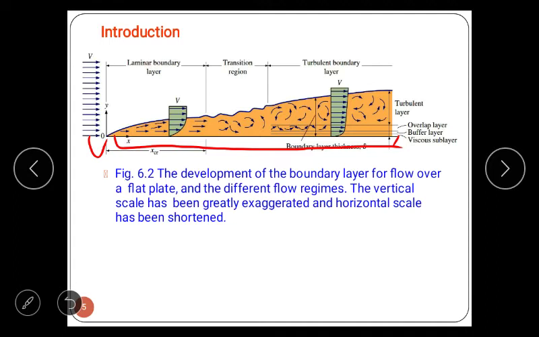We can denote capital V or U, that is the free stream velocity, the actual velocity of the fluid. And this diagram tells the development of boundary layer.